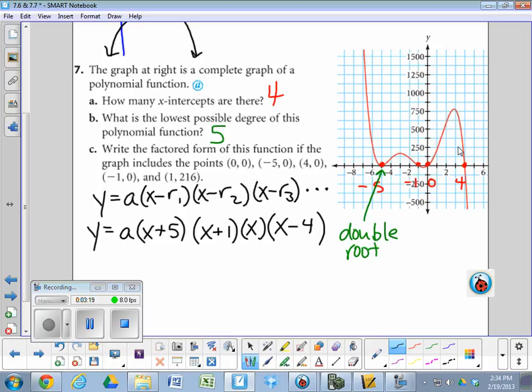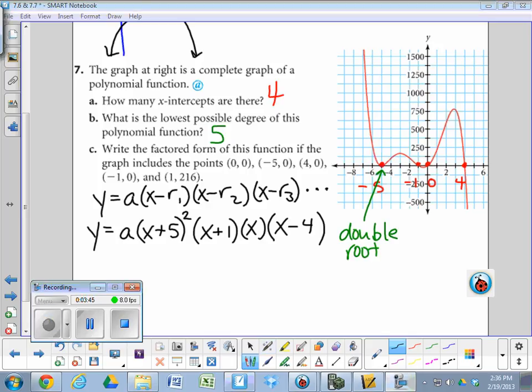So that doesn't indicate that we have a degree of 5, because how many x's do you actually see here? 4. So one of them needs to be squared. It's the one that acted like a parabola. So x plus 5 is squared. That's what causes that behavior.